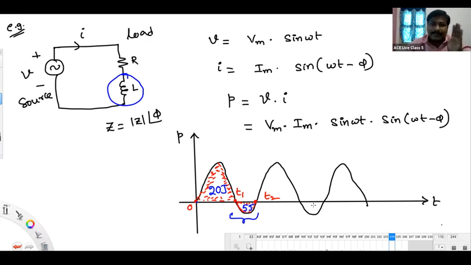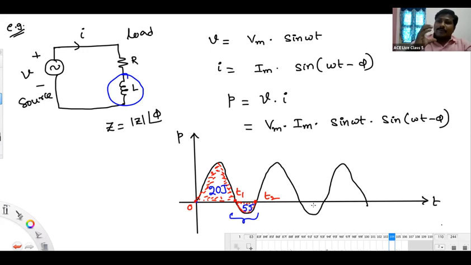Just listen kindly. 15 joules is the real energy. Inductor, what it is doing basically, it is storing energy in one half cycle. In the other half cycle, it will be releasing the energy back. Whenever it is releasing the energy back, that is going back to source. That's the thing we are saying.